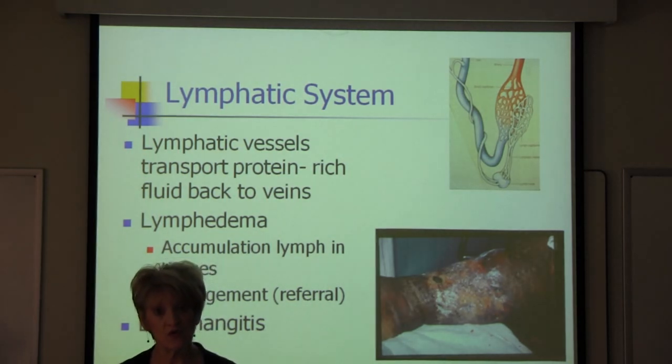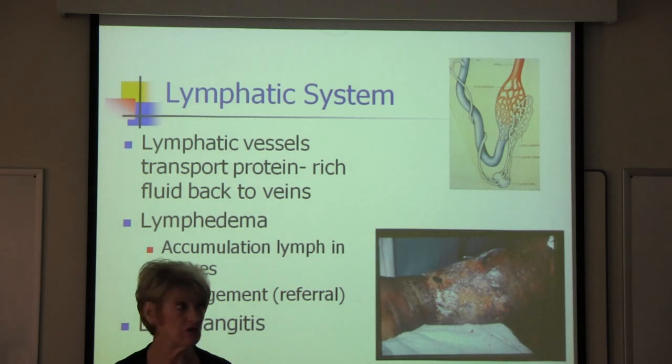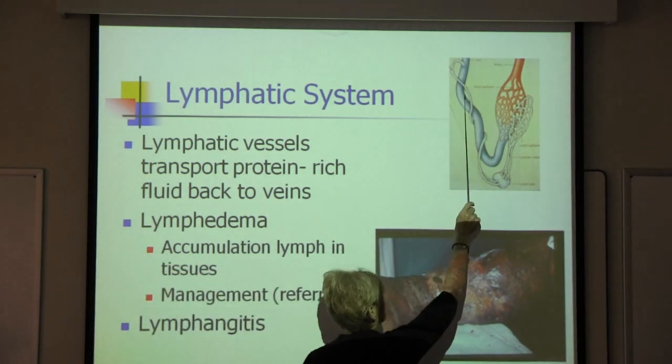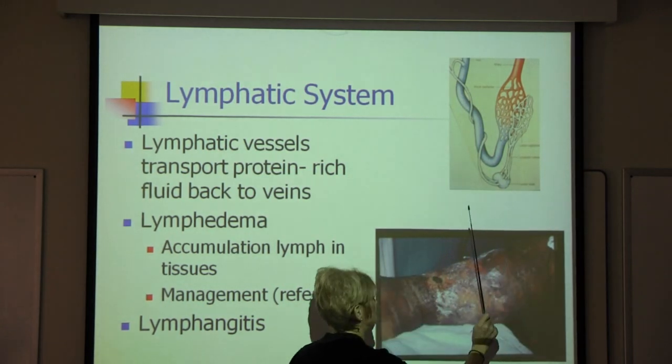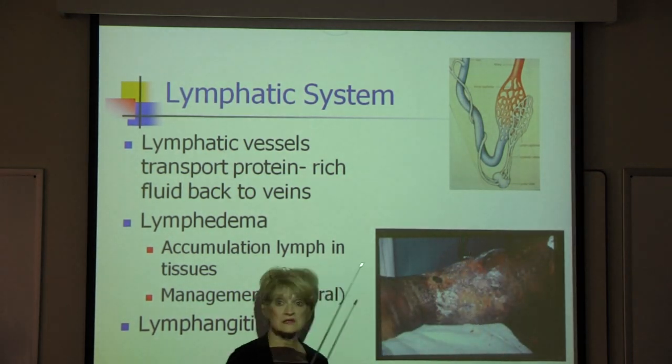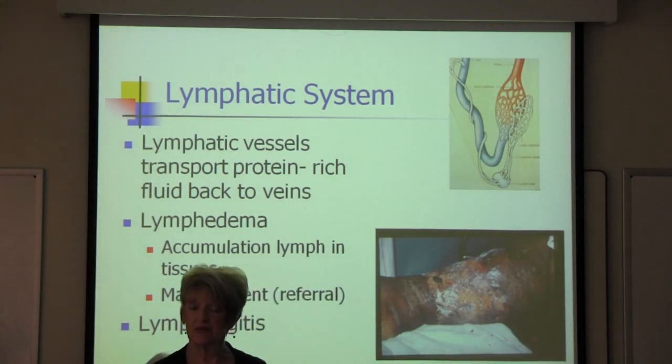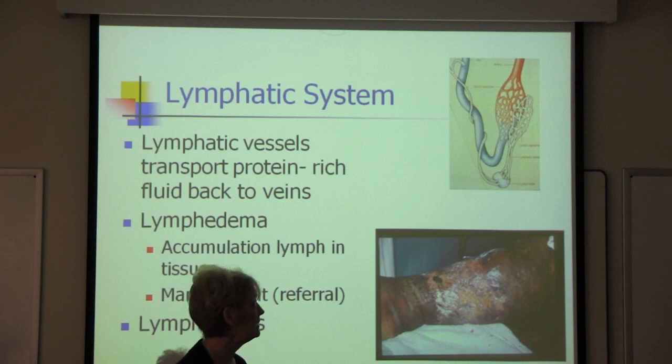Well, during the normal circulatory cycle, on the arterial side of the capillary bed, you have high pressures that force fluid out into the tissues. It forces plasma, some of the blood cells, some of the plasma proteins out into the tissues because of the high pressures within the proximal aspect of the capillary bed.